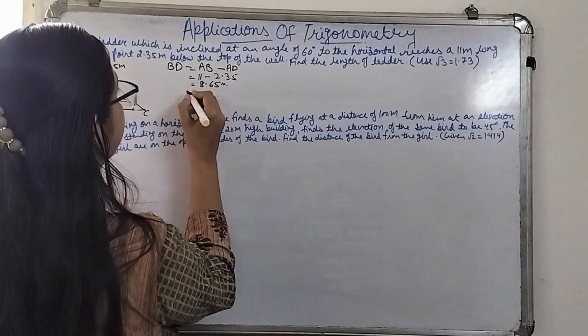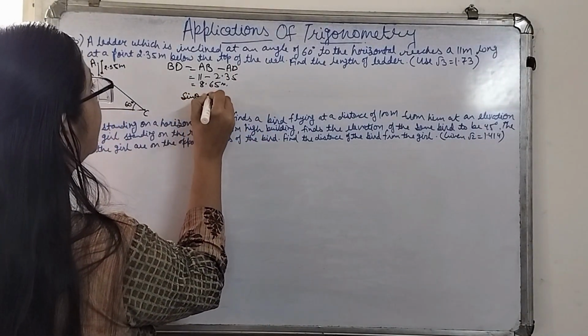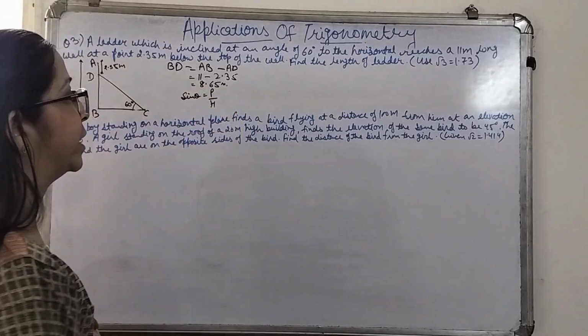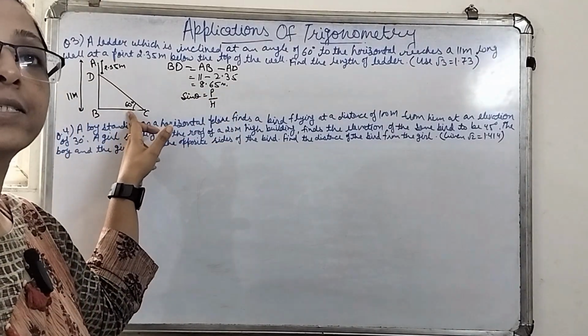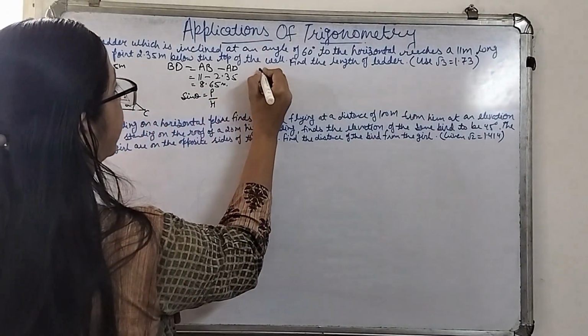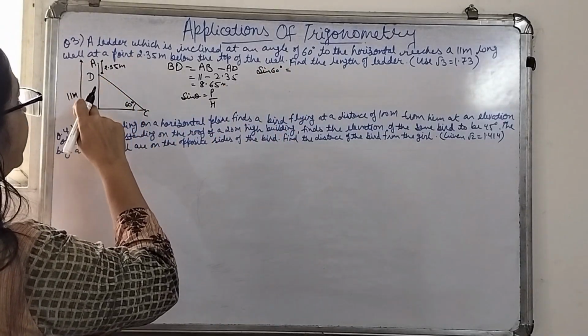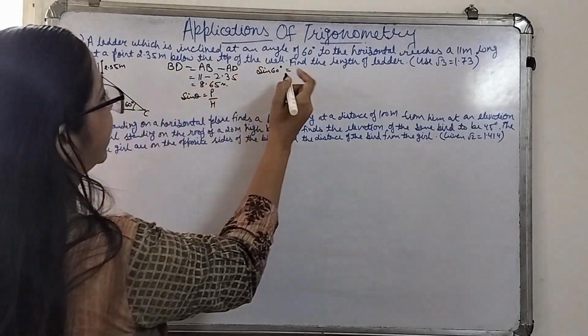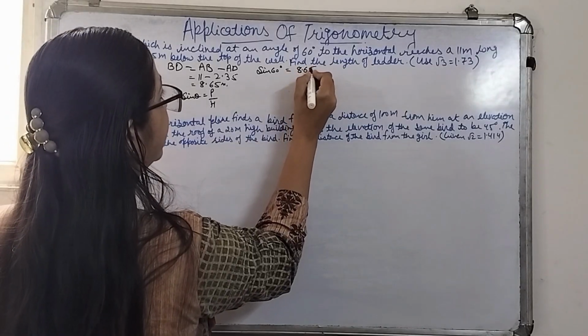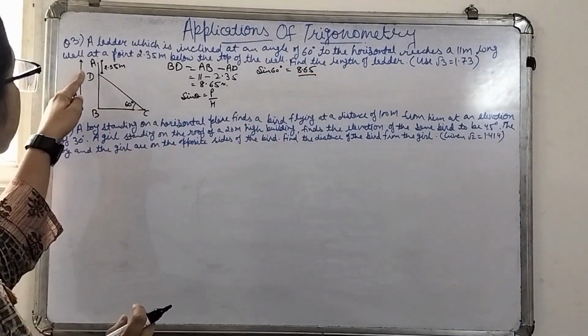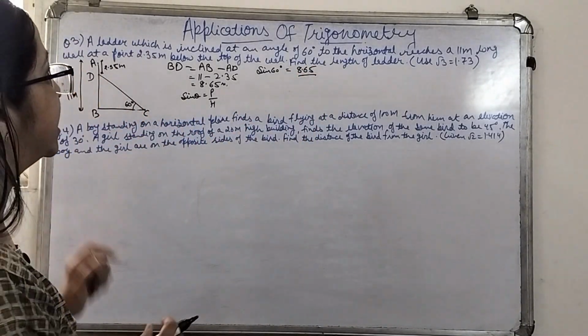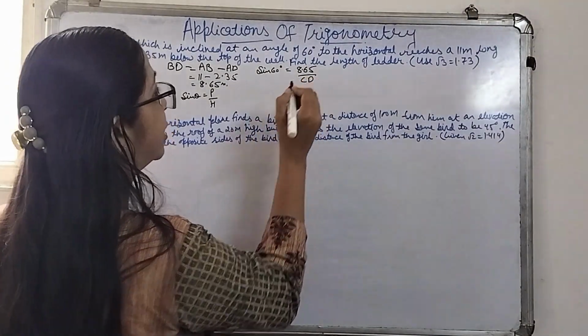We know that sine theta is perpendicular over hypotenuse. Theta over here is 60 degrees. So sine 60 degrees is perpendicular, BD, which is 8.65, divided by hypotenuse CD, and we have to find the value of CD only.